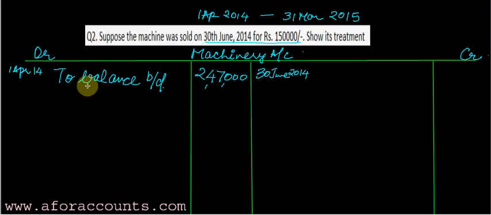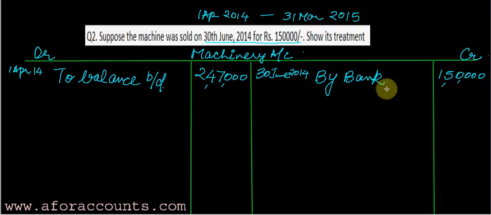In machinery account I will not write to machinery account. So by bank I am receiving and the machinery is moving out. So credit the bank by 1,50,000. Bank account debit to machinery account, that is debit the bank, credit the machinery, and when you are crediting the machinery, put it on the credit side.